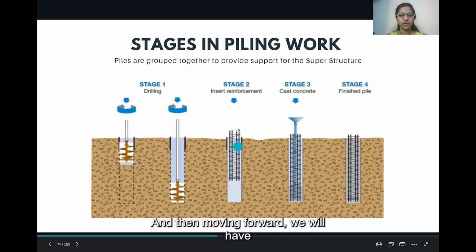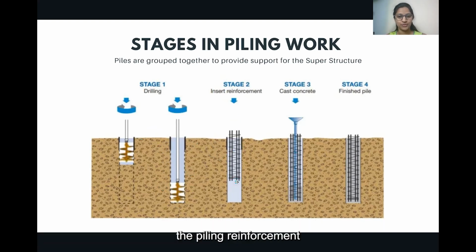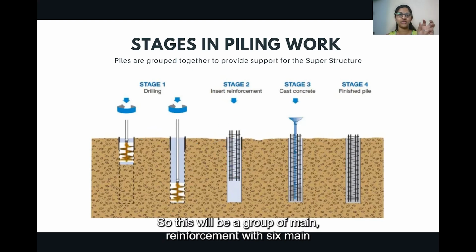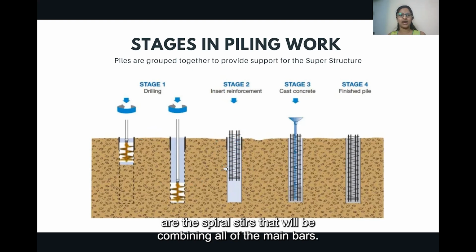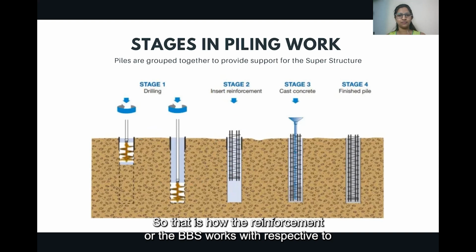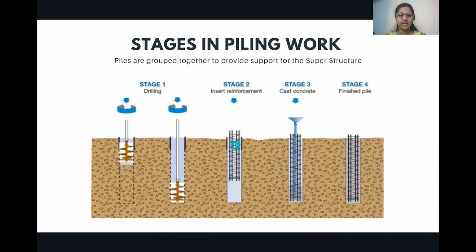And then, moving forward, we will have the piling reinforcements. This is a whole reinforcement. It will be a group of main reinforcement with 6 main bars, and then there will be spiral stirrups, which combine all of the main bars. That is how the reinforcement, or the BBS, works with respect to the piling works. And there will be one small cover, like a small stone of cement.